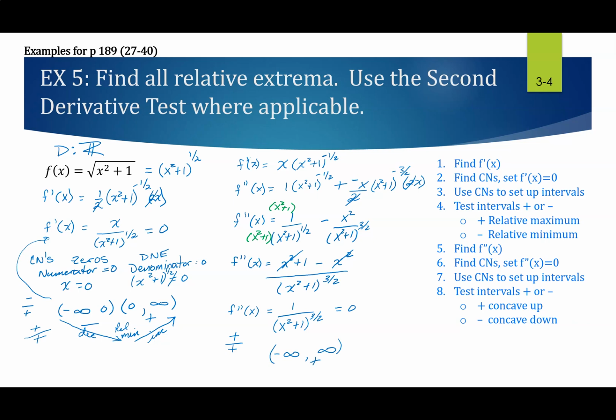And it is concave up everywhere. So that verifies that I have a relative minimum at x equals 0. And that's all we do.